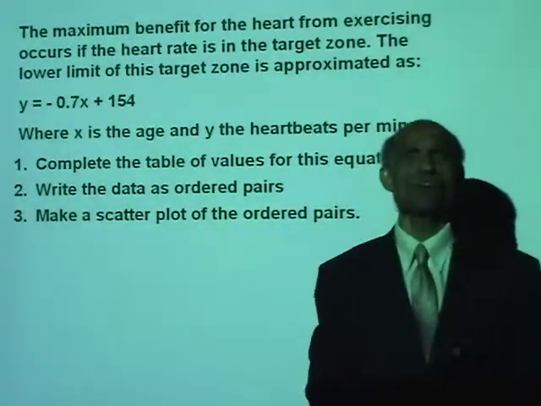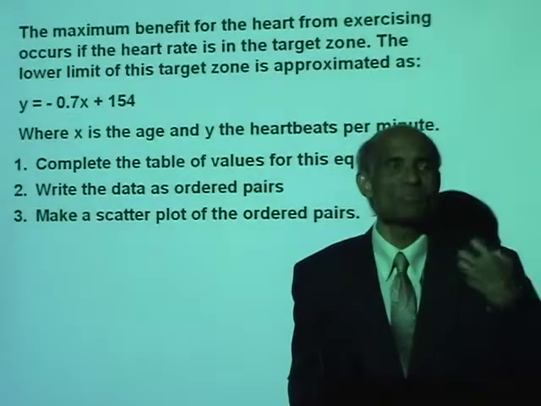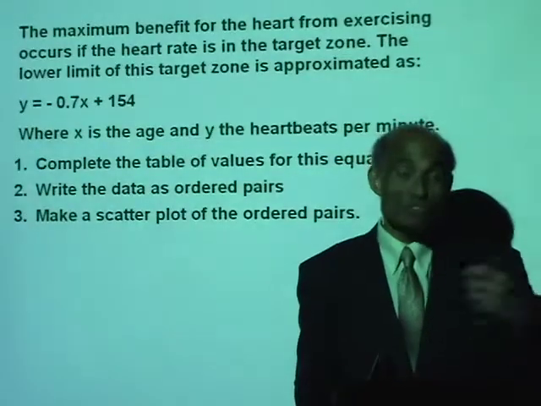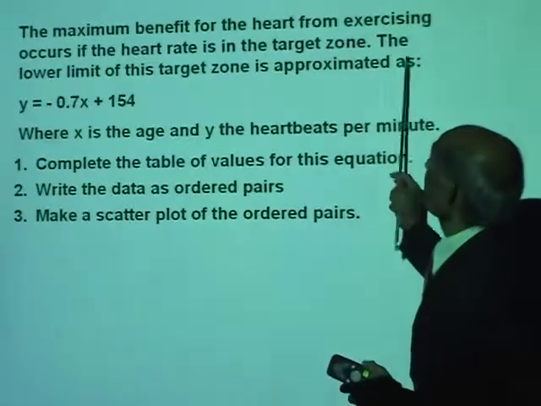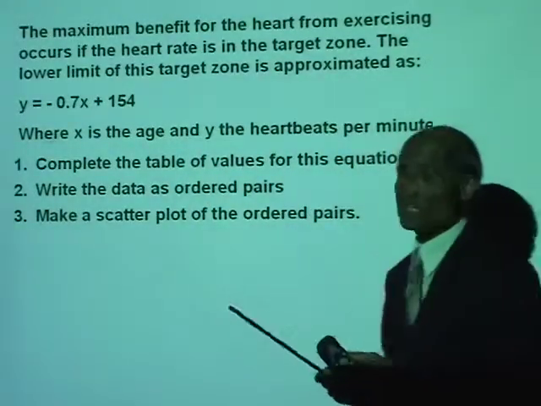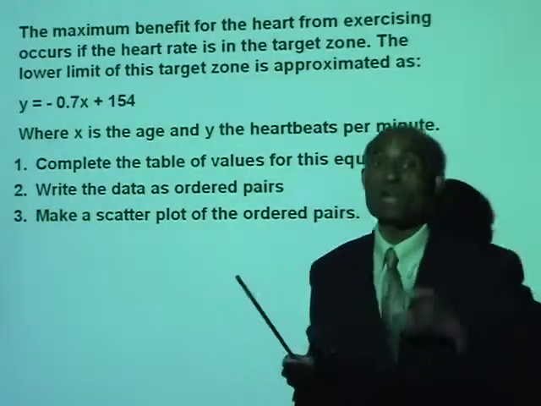How many of you know what is the best number of times your heart must beat in a minute? Well, if you ask your doctor, it's in the neighborhood of 72. All right. The lower limit of this target zone is approximated. In other words, how low can it go and still you can be healthy?